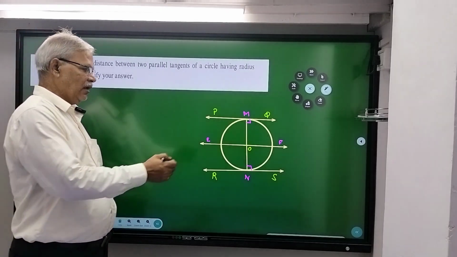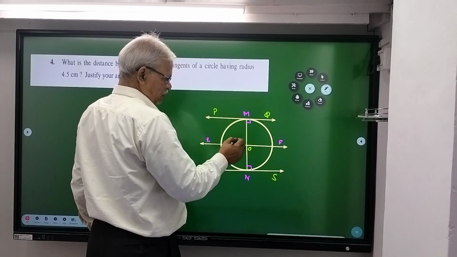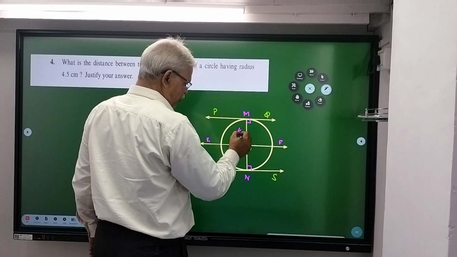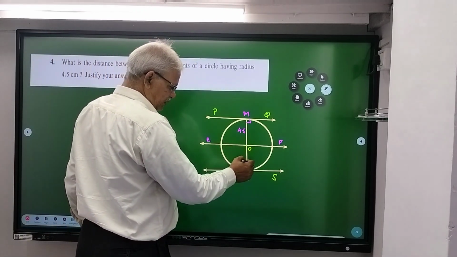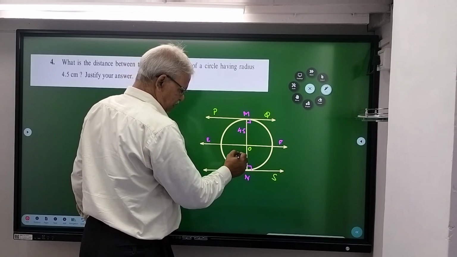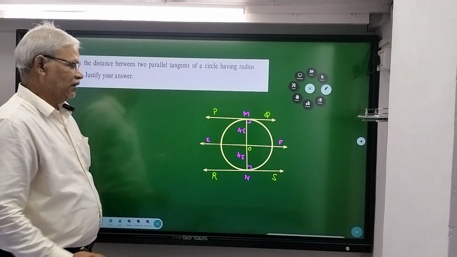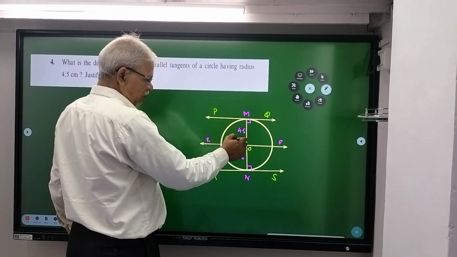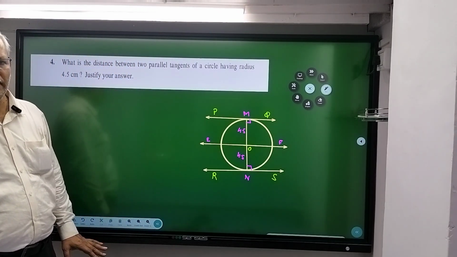Now see, as this radius is perpendicular to the tangent and here the distance given is 4.5, this radius is also perpendicular to this tangent and this is also a radius of 4.5. Therefore this MN will be equal to 4.5 plus 4.5, that is equal to 9.